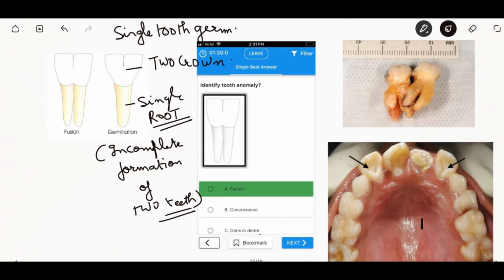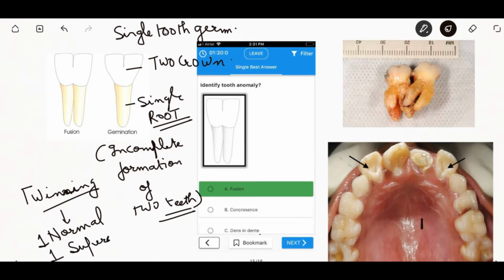Germination is seen in deciduous as well as permanent dentition. The word twinning has sometimes been used to describe the production of an equivalent structure by division, resulting in one normal and one supernumerary tooth. So when one supernumerary tooth is there, then the term used is twinning.